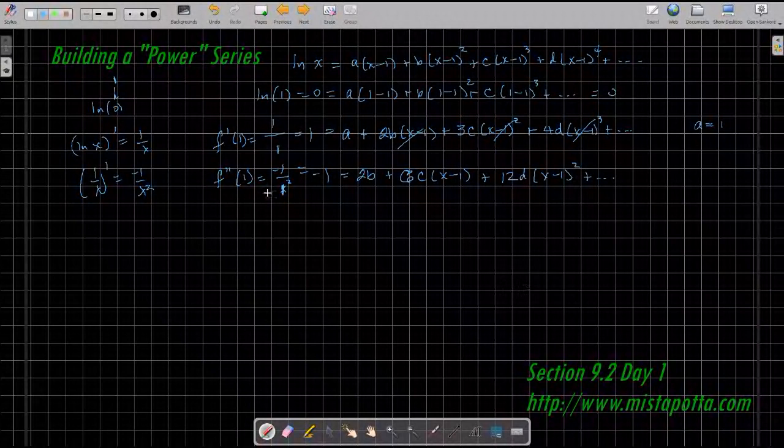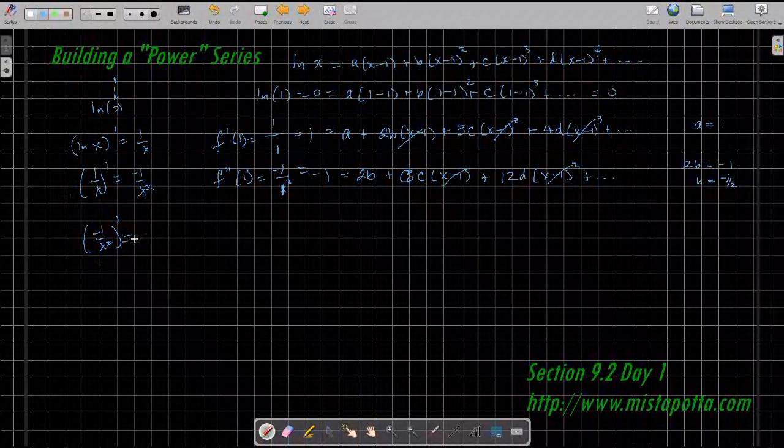And if x is equal to 1, all of these terms should go away, leaving me with just 2b. So I know that 2b equals negative 1, and so b has to be negative 1 half.